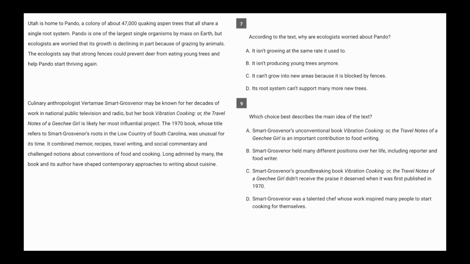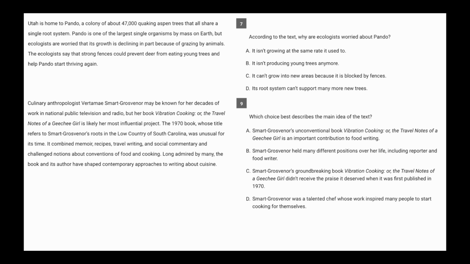C. It can't grow into new areas because it's blocked by fences. Well, just logically, is there anything about new areas in the passage? I know C is logically incorrect, but even if we remove that aspect, is there anything about new areas? Let's read the passage again.